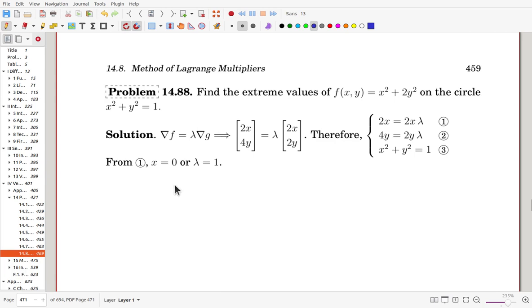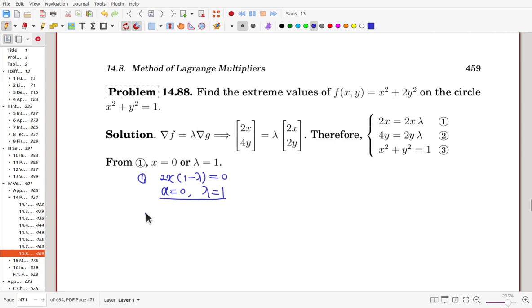quantities. Now from equation 1, there's 2x equals 2x lambda. If we move this to the other side, then equation 1 is now 2x common and 1 minus lambda equals 0. So we have x is 0 or lambda is 1.